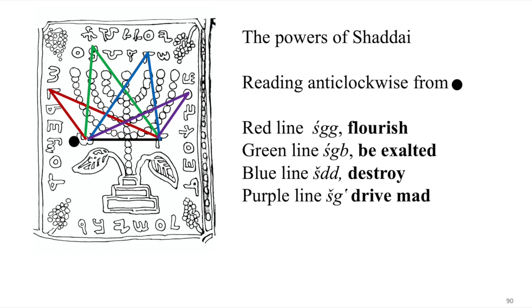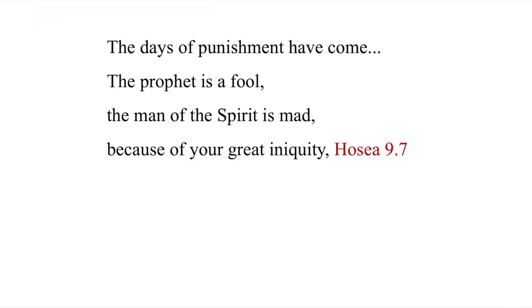And the purple line is driving mad. And one of the punishments of Shaddai, if you flouted her or ignored her or whatever, was that she let you live with what you had chosen. And that ended up with madness. Hosea, the earliest writing prophet: the days of punishment have come. The prophet is a fool.